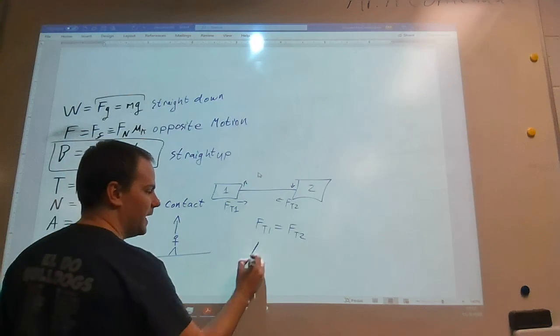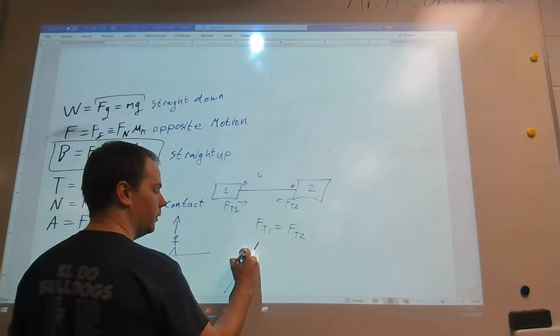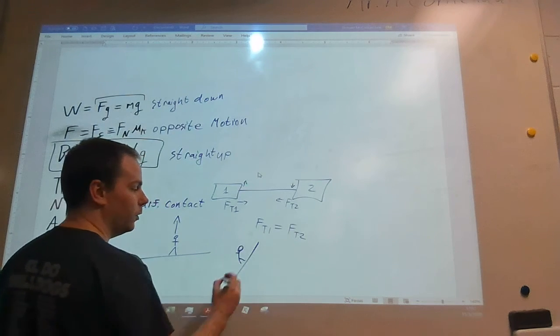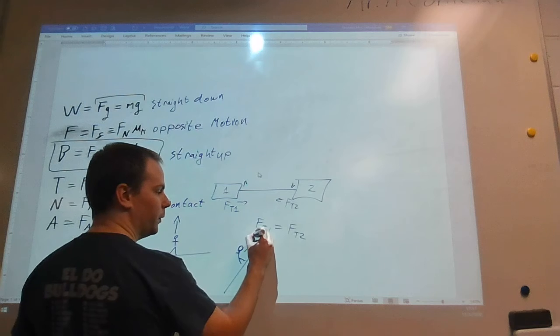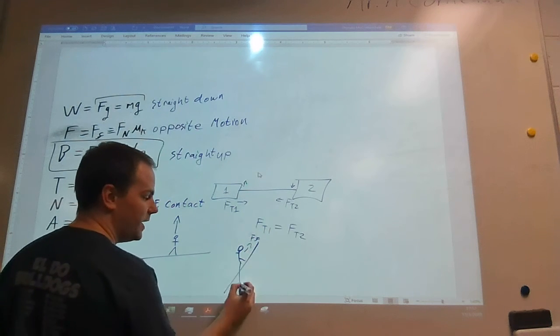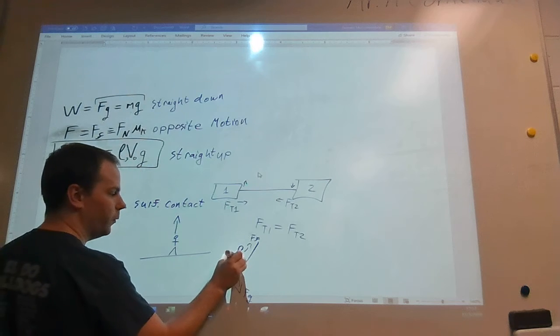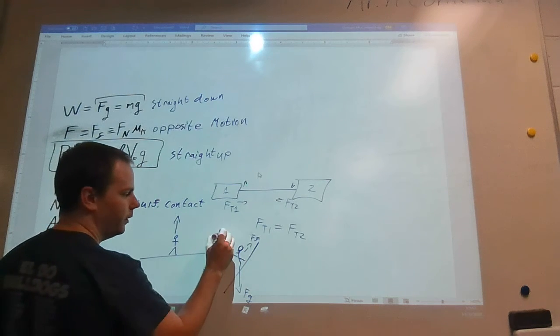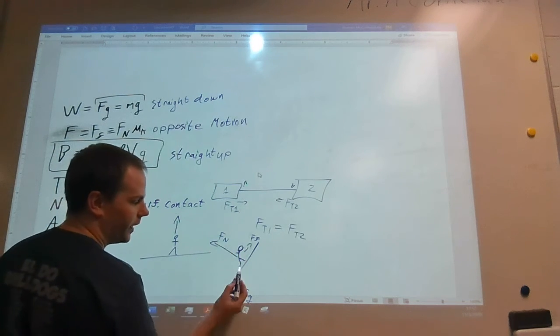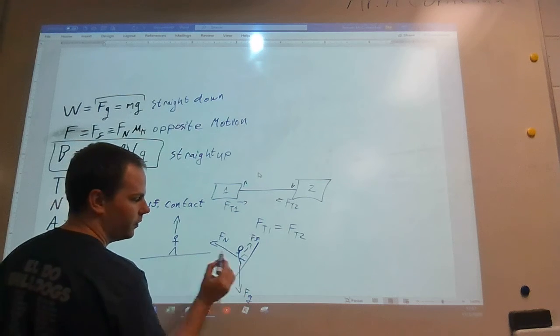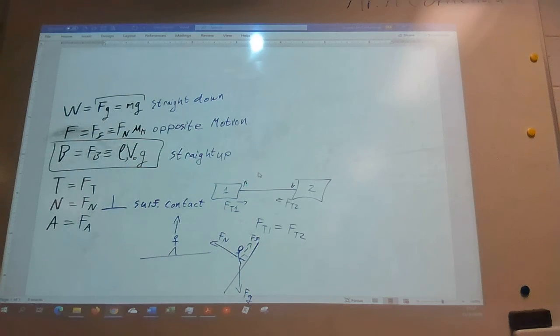But if we go back to that hill question, and I'm standing at an angle, and I have a friction force this way, my weight is straight down, and my normal force is perpendicular to the surface of contact. So this has to be a right angle.